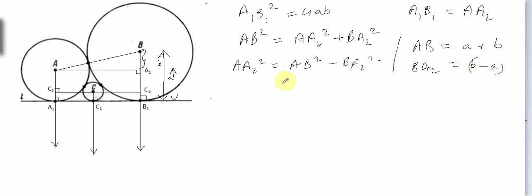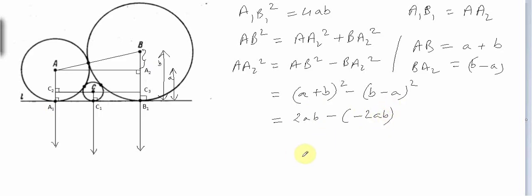So if we put the values over here, we get A plus B whole square minus B minus A whole square, and again A square and B square will get cancelled, and you will have 2AB minus 2AB, which gives us 4AB.